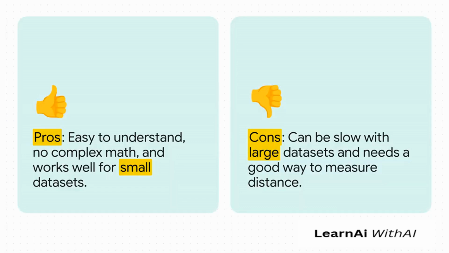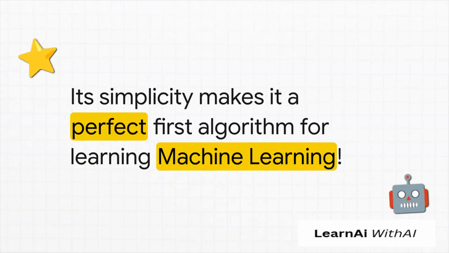For every new prediction, it has to measure the distance to every single other point in your data. So if you have a massive data set, it can get really, really slow. Plus, it all hinges on having a good way to measure distance in the first place. But hey, even with those things to watch out for, the fact that it's so simple and intuitive makes it an absolutely perfect first algorithm to learn when you're just dipping your toes into machine learning.